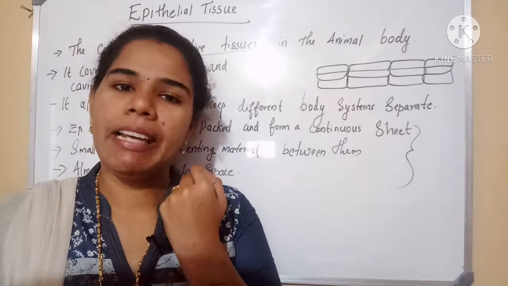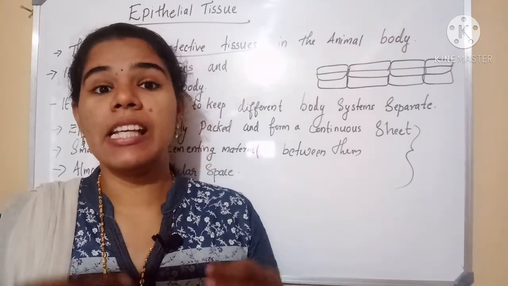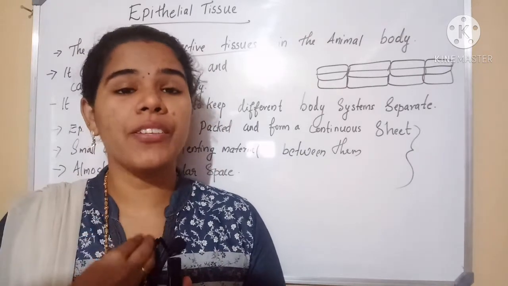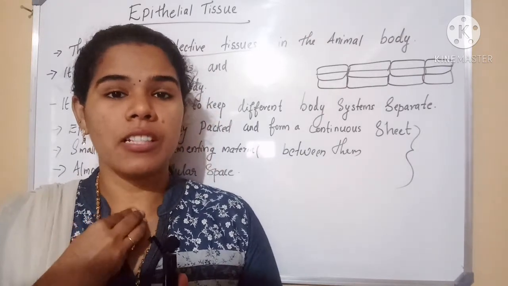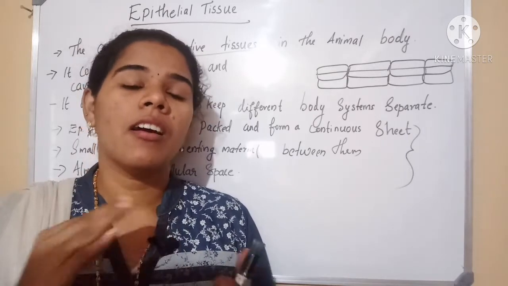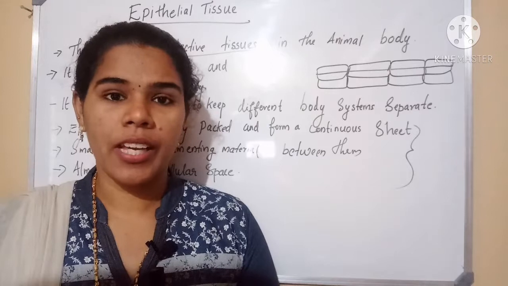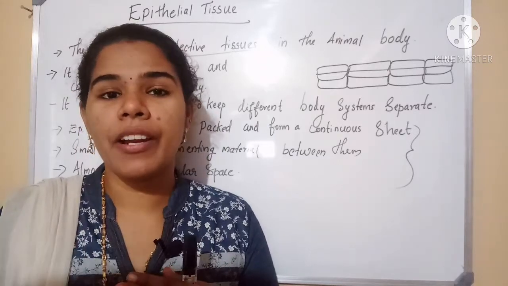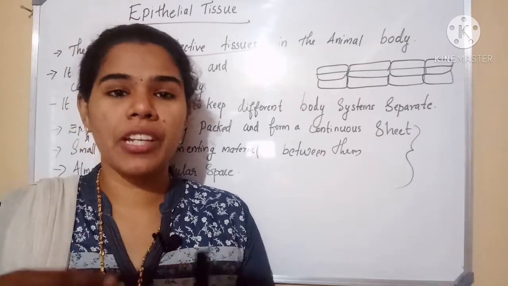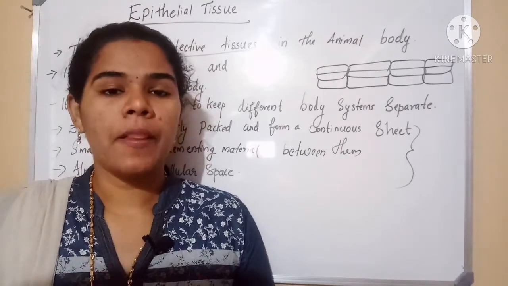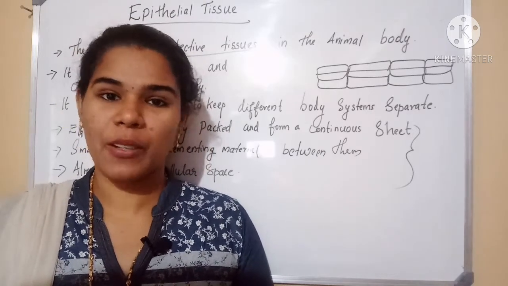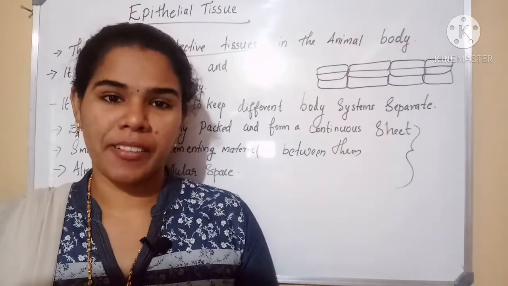And in our respiratory tract, the air passes because of the movement of the epithelial tissue, which is modified in that case into ciliated epithelial tissue. So according to their function, epithelial tissue is mainly classified into 4 types. Let's move to that.